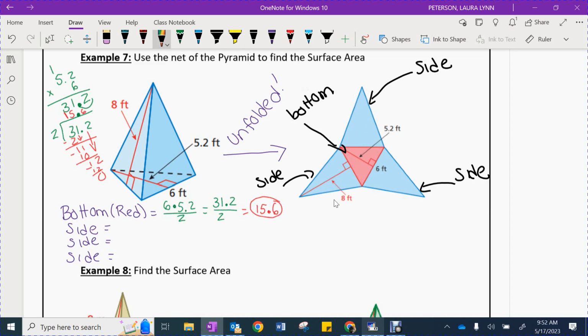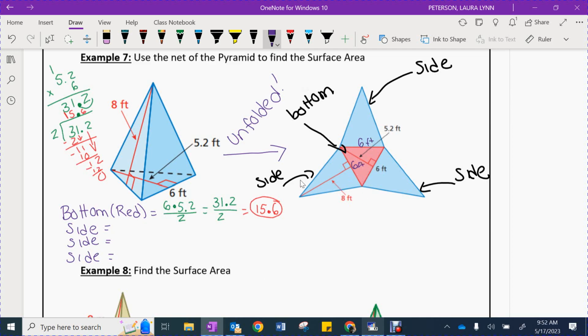Because the sides are all the same, they're all colored in blue, we're going to show the work for one of the sides, and then that will be it. Now, what's nice is that the bottom, our red triangle, has something really special. It's called equilateral, which means all the sides are the same length, which means this side is 6 and this side is 6. Please label that information.